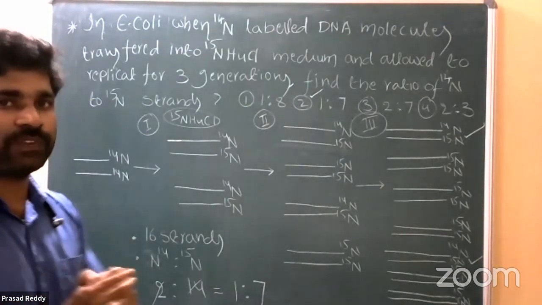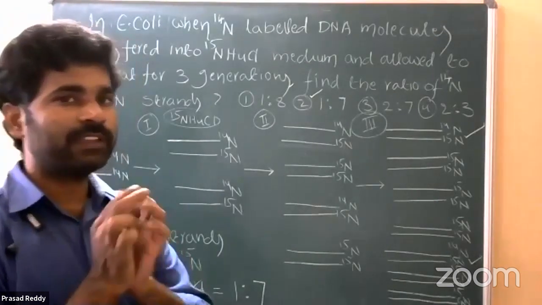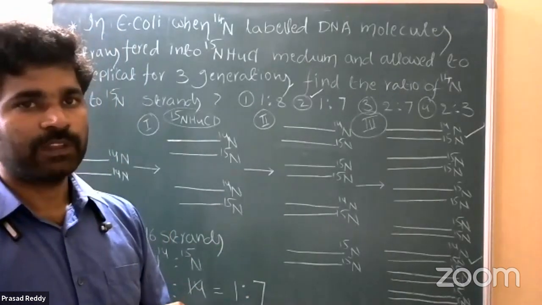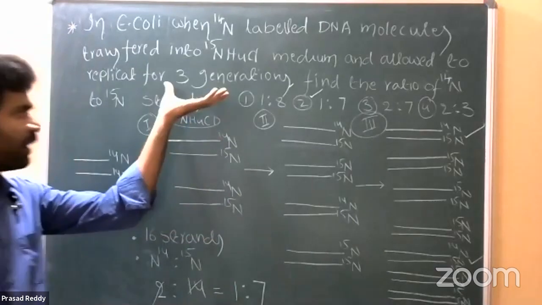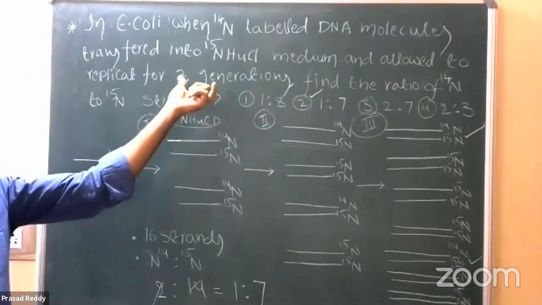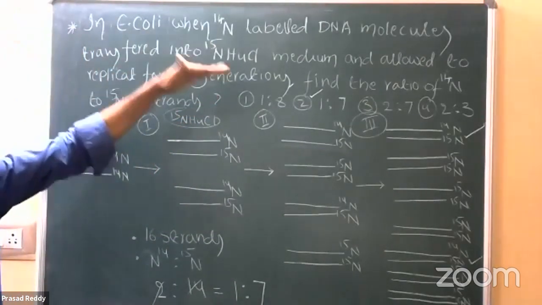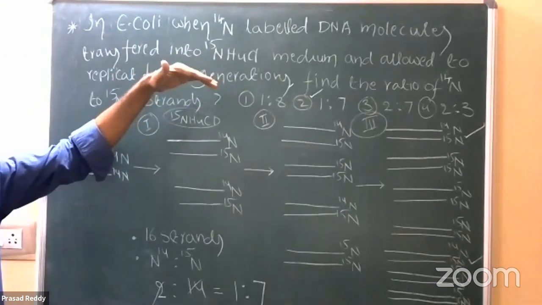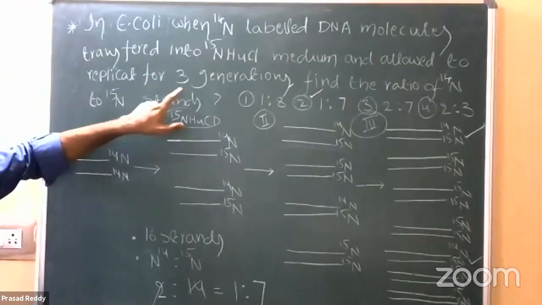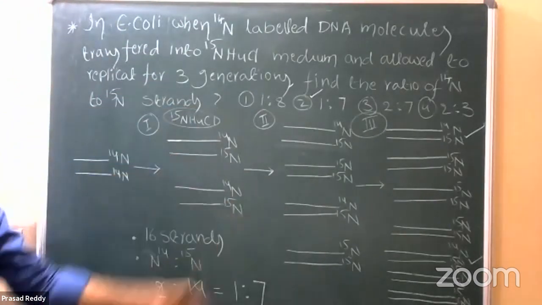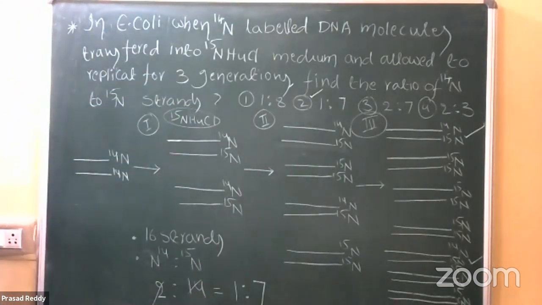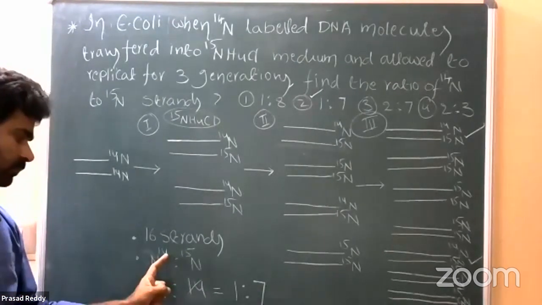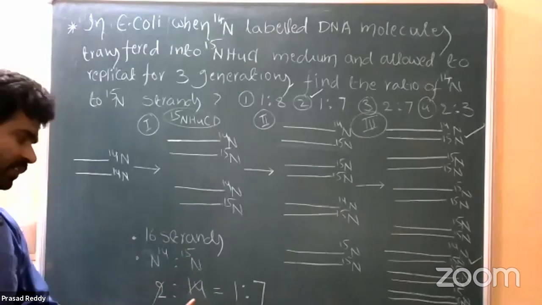First, you have to identify whether the question is asking about strands or molecules. You have to identify earlier which type of question they are asking, either the number of DNA molecules or the number of DNA strands. You have to check once. Here they are asking strands information. So here there are 16 strands, in that N14 strands of 2, N15 strands of 14.